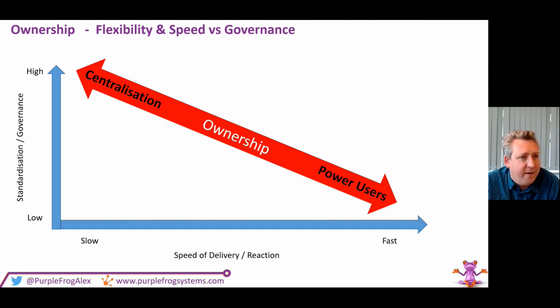On the top left, we have old school data warehouses and cubes, highly centralized, highly standardized, highly governed, good development practices, but typically slow to roll out. On the bottom right, we have Power BI, very fast to create, very quick to deploy new reports, new data sets, but completely ungoverned. Anyone can do whatever they want.